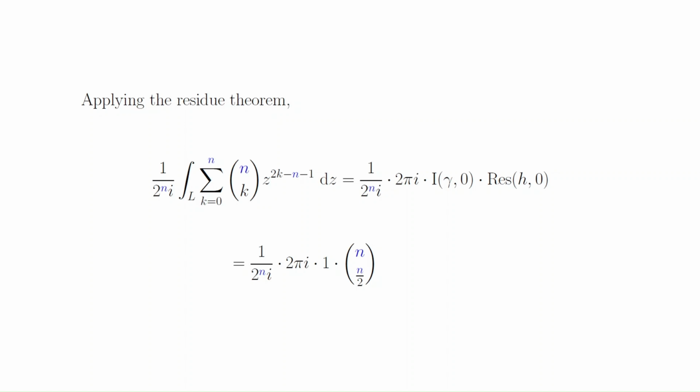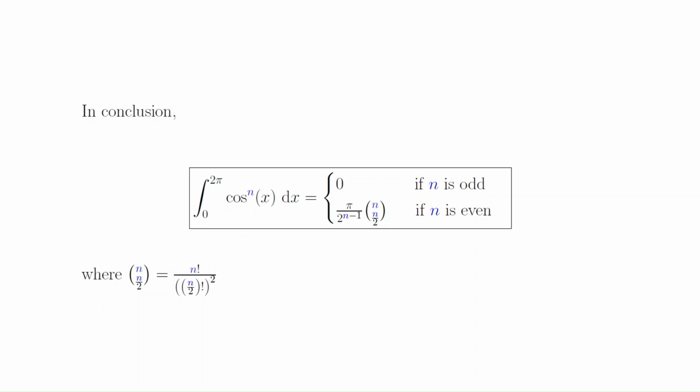We already know that the winding number is 1, and the residue is n choose n over 2. Cancel out a factor 2 and cancel out the imaginary unit, so we arrive at a real quantity as expected.